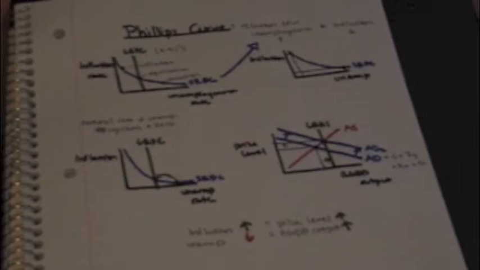By moving the AD line that way, we shift the dots to this dot, meaning we made our economy be set into equilibrium, which is exactly what we wanted.